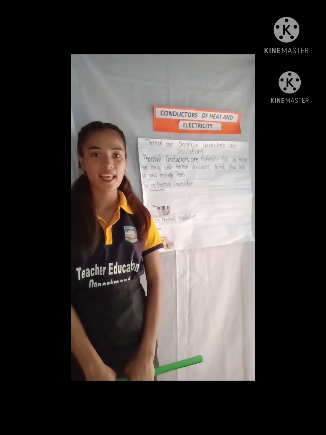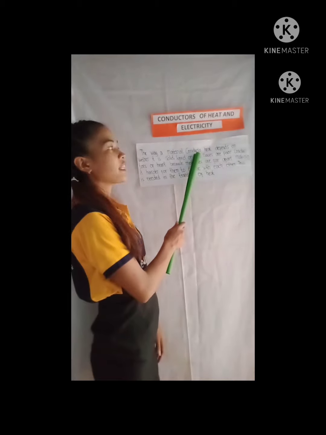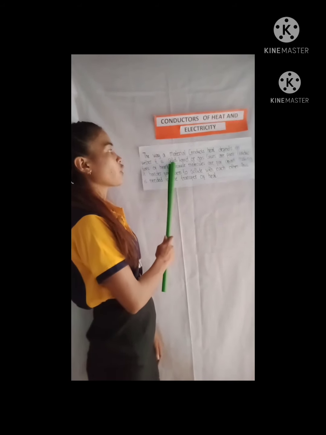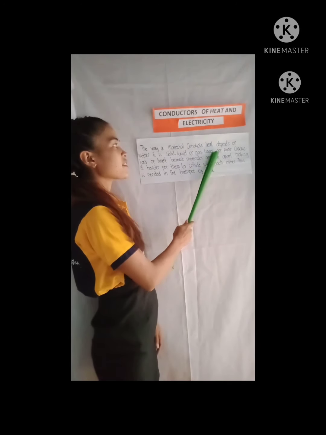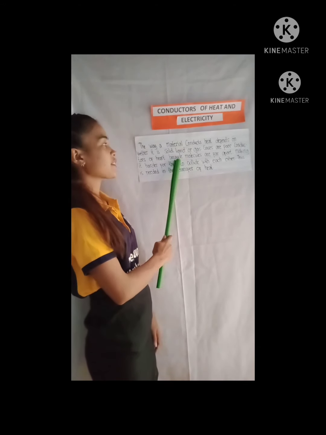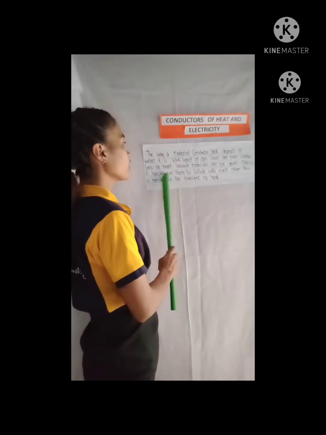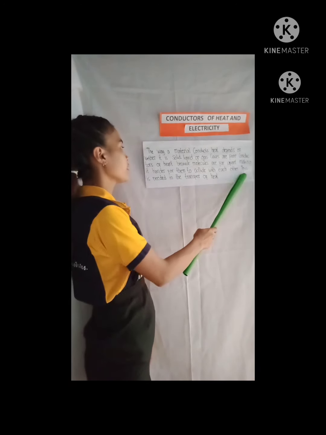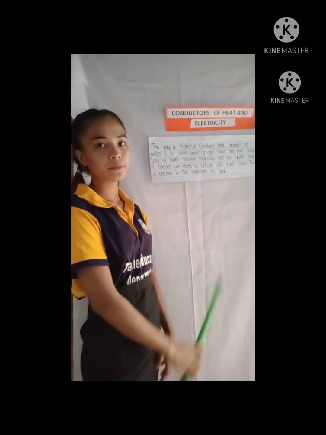Do you understand? Okay. The way a material conducts heat depends on whether it is solid, liquid, or gas. Gases are poor conductors of heat because their molecules are far apart, making it harder for them to collide with each other. This is needed in the transfer of heat.